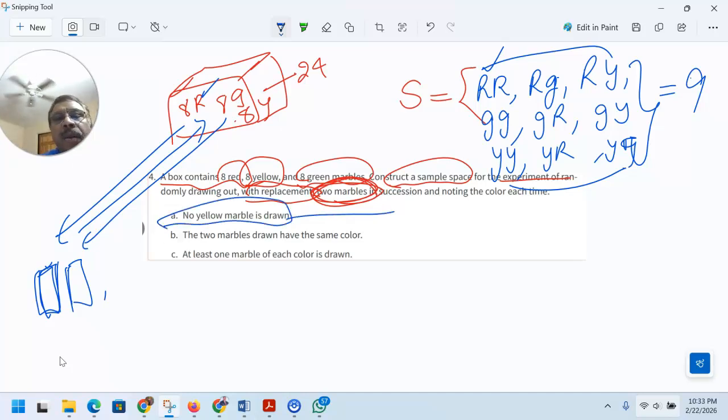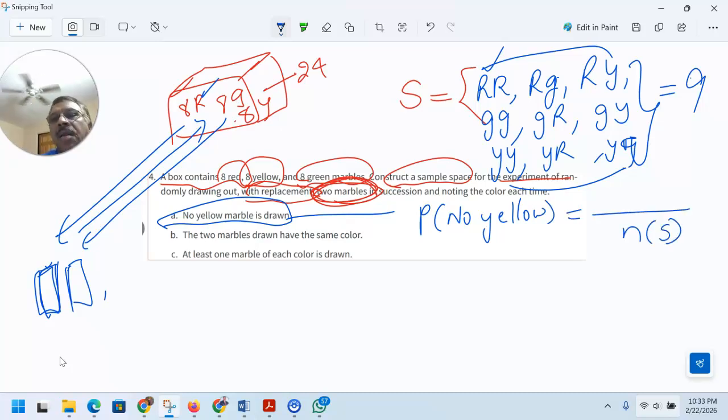So the question is, what is the probability of no yellow? It means the total number in the sample space, n of S, is 9, but from there, which ones have no yellow? You can see there's no yellow here. This one also does not have a yellow. This one does not have a yellow.